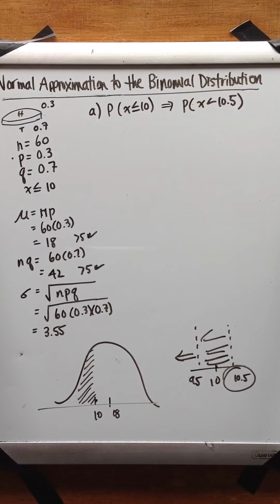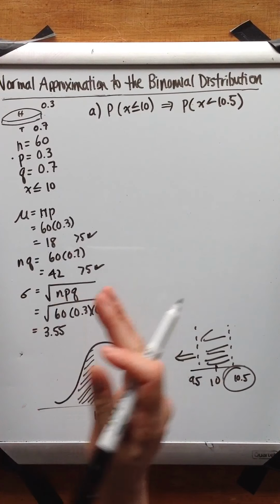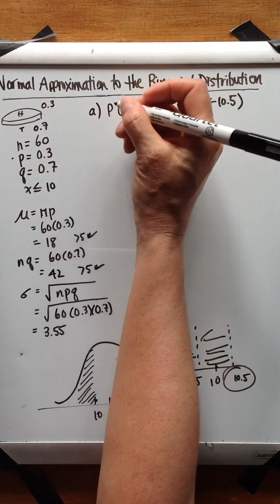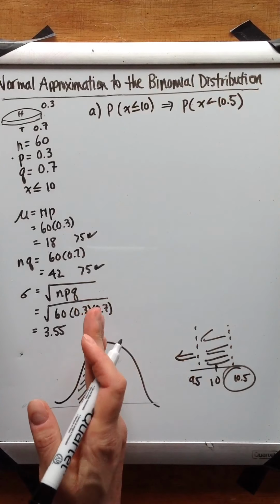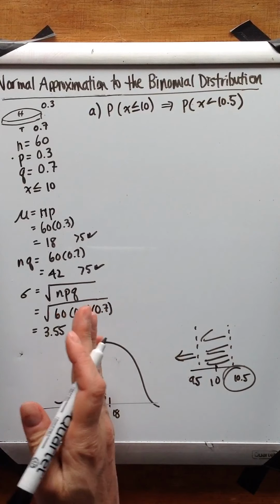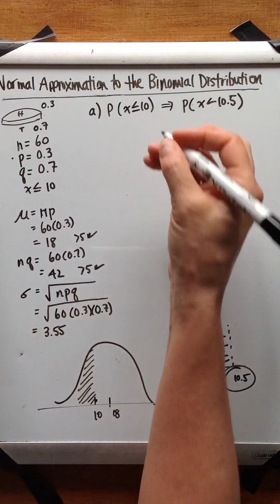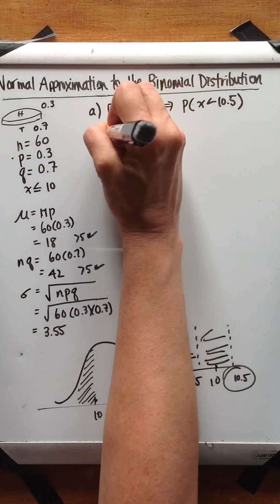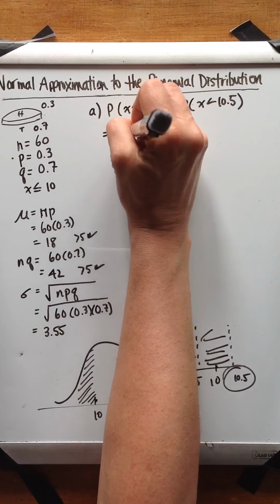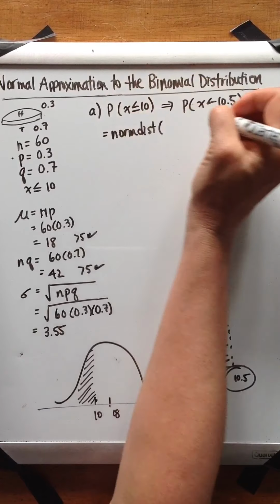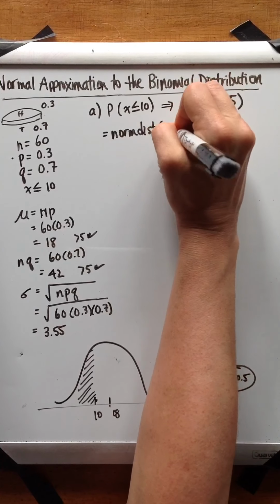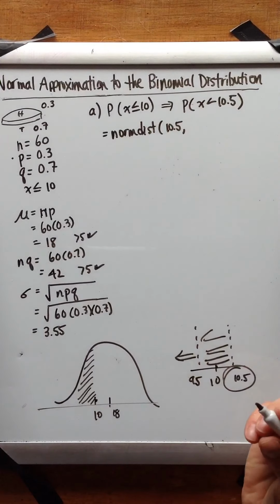Okay. So in punching this into Google Sheets, because it's an area of the curve from an x value and to the left, we can do it quite simply like this. Equals norm dist. Let's use our x value of 10.5 from the continuity correction.